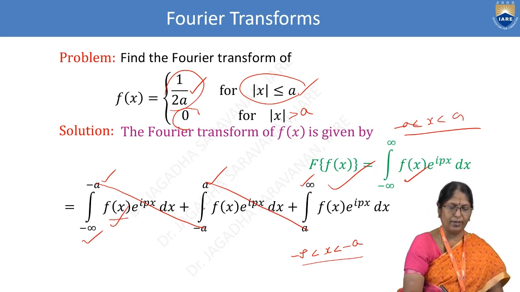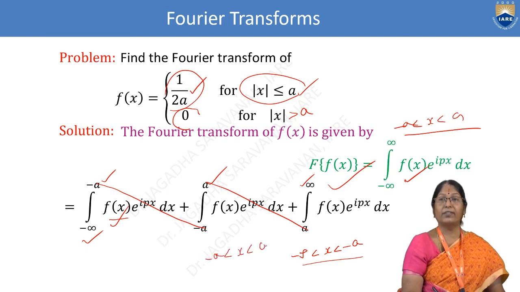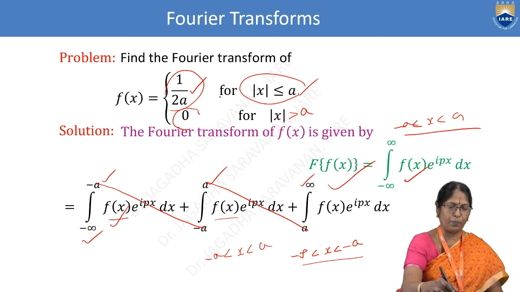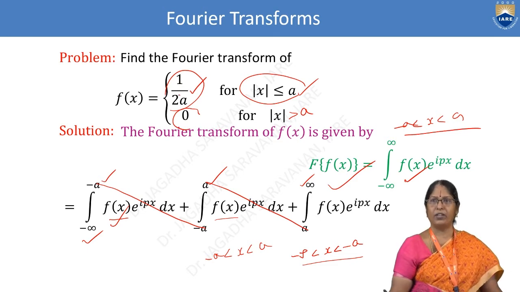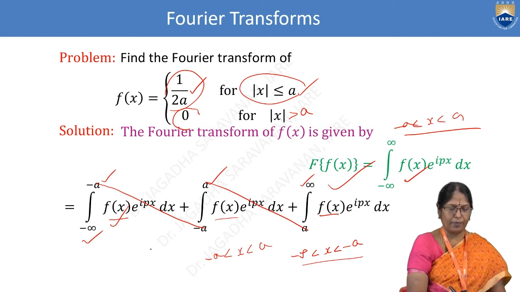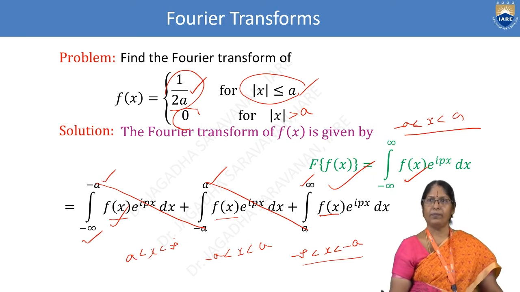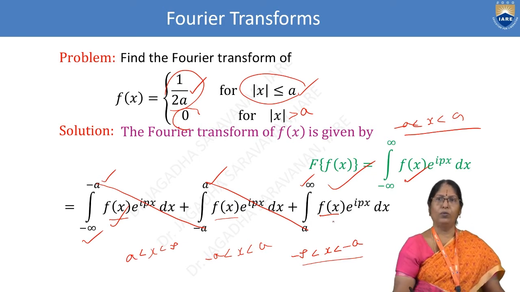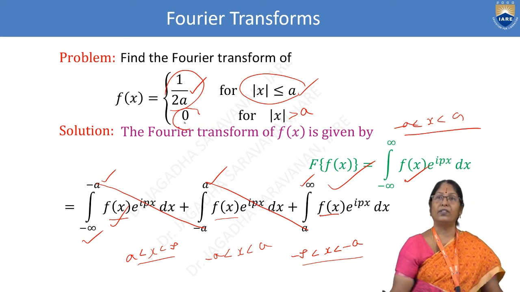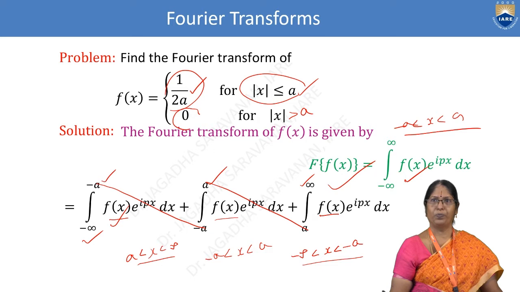The second one, x lies in the second integral from minus a to a. Here f of x is replaced by our given problem condition, 1 by 2a. The third one, x lies between a to infinity. Satisfying this, the function is 0.